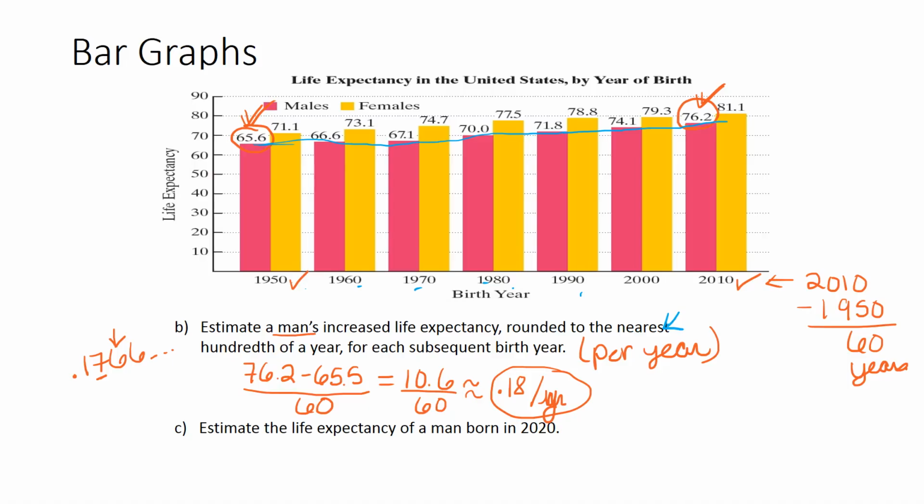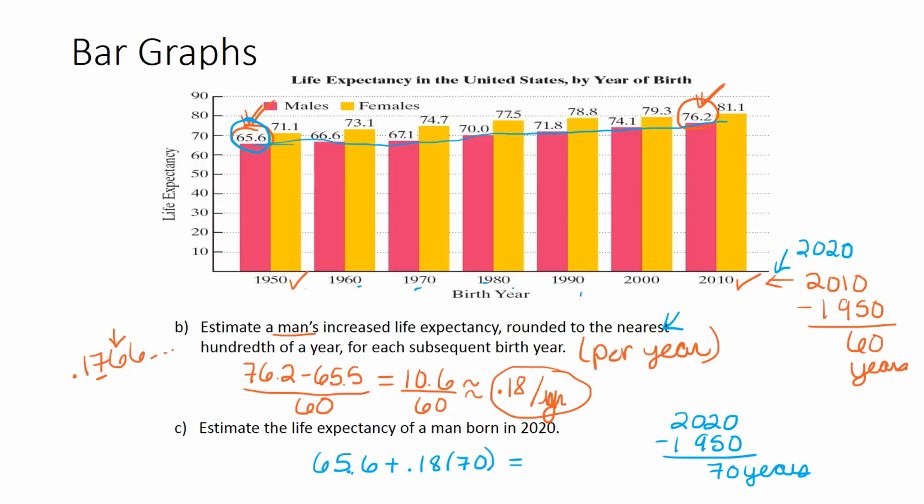So if we wanted to estimate in the year 2020, we would take our amount in 1950, which is 65.6, and we can figure out that 2020 is 70 years from 1950. And if it increases 0.17 per year for 70 years, this is how we would compute the life expectancy in 2020.